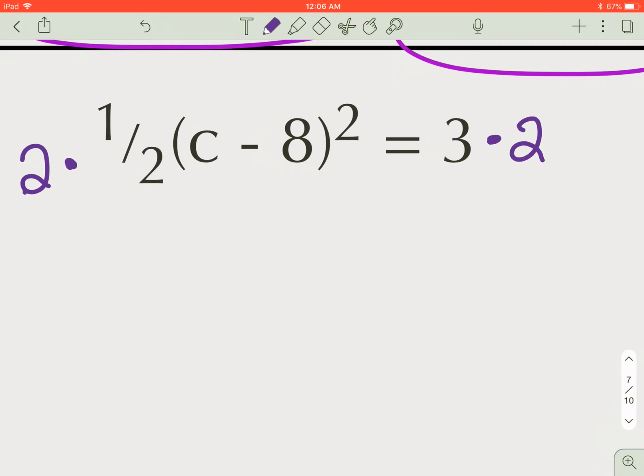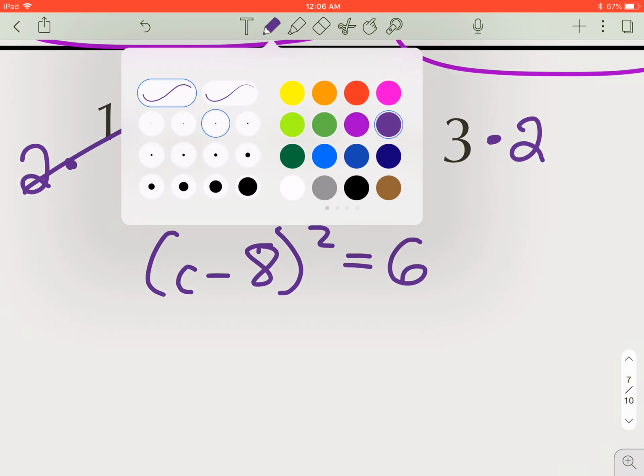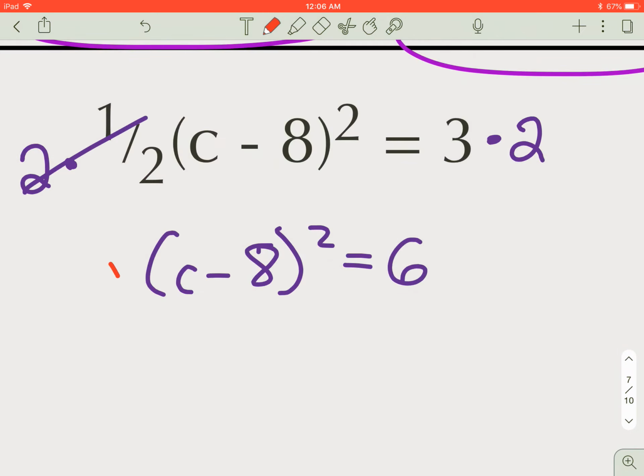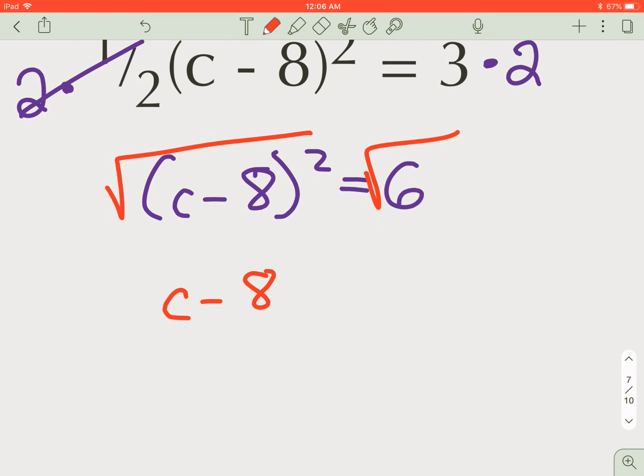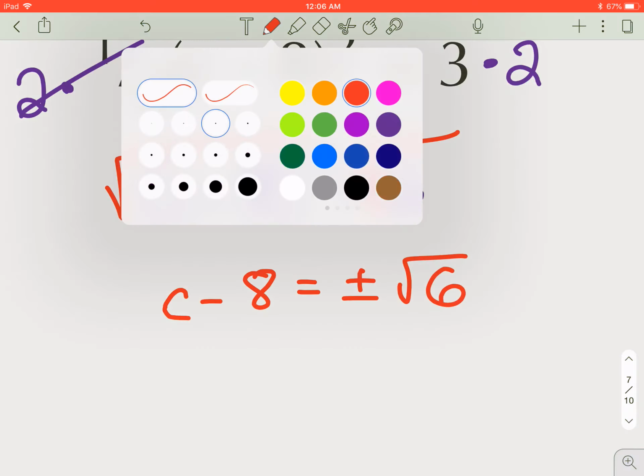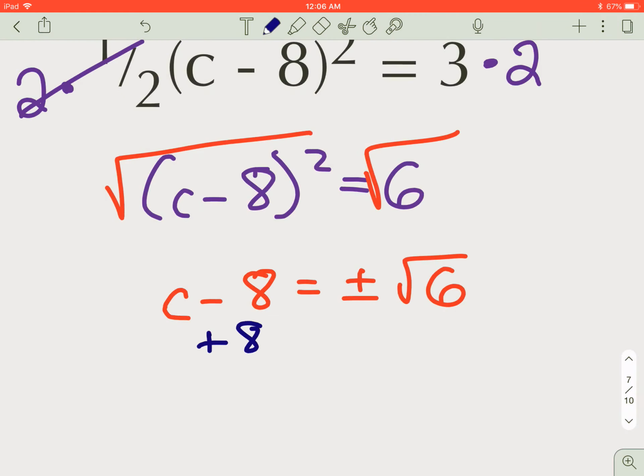And by doing that, that would cancel out. I'd be left with c minus 8 squared equals 6. I would have to take the square root of both sides to get rid of my power of 2. That would leave me with c minus 8 equals plus or minus the square root of 6. I would then have to add 8 to both sides to get my c all alone.